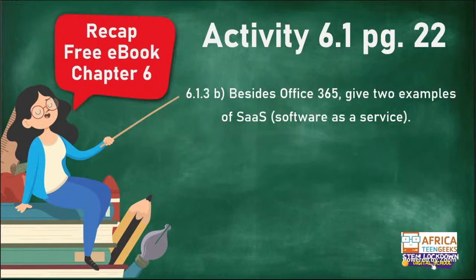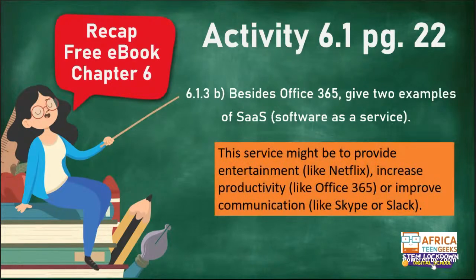5B, besides Office 365, give two examples of SaaS, software as a service. Right, in the entertainment industry, we can think of programs like Netflix. It's SaaS, you have to pay to access the movies.